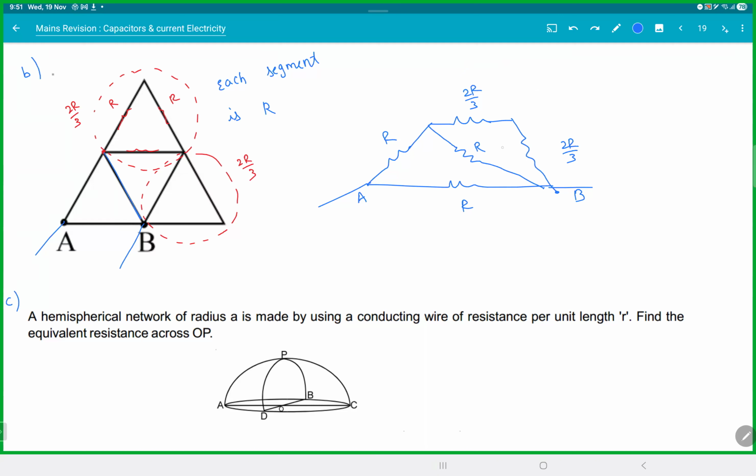That will become 4R by 3 and R. This whole setup is 4R by 3 into R by 4R by 3 plus 1, that is 4R by 7. That 4R by 7 and R are in series, so that will be 11R by 7. 11R by 7 and R, that gives 11R by 18. Yeah? What about the C1?